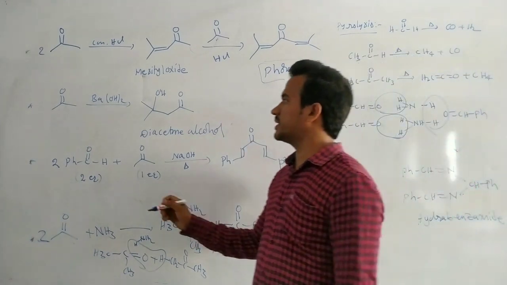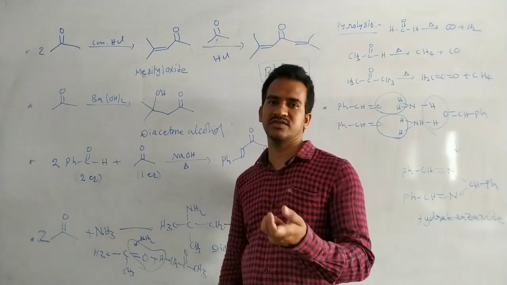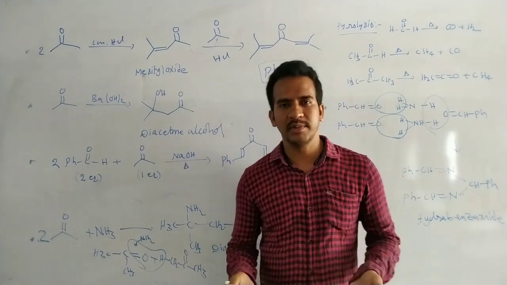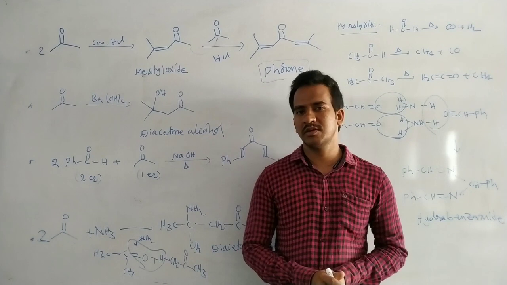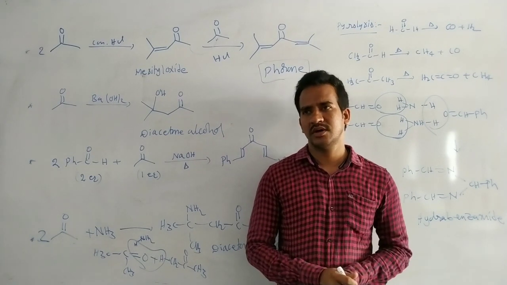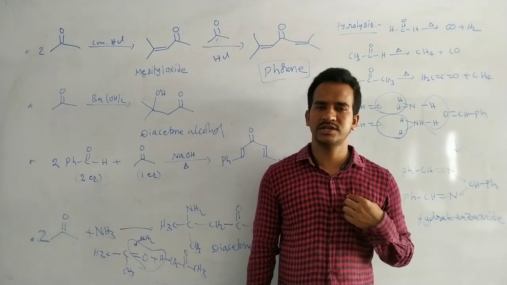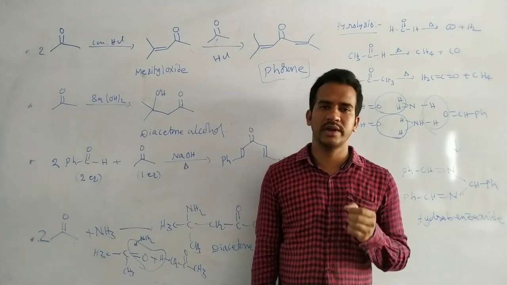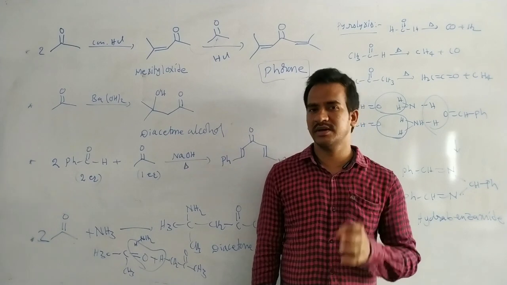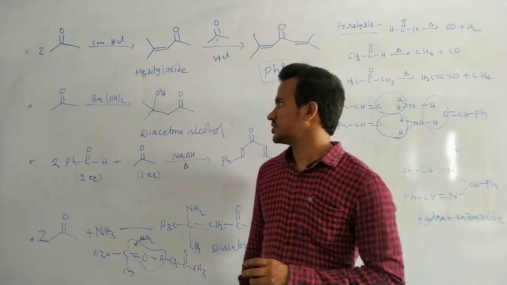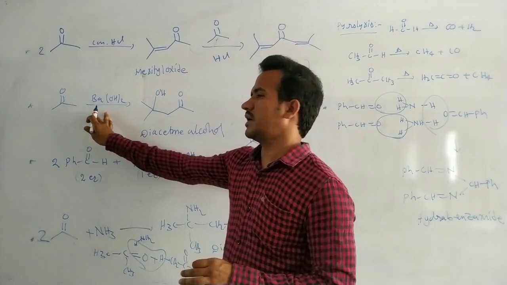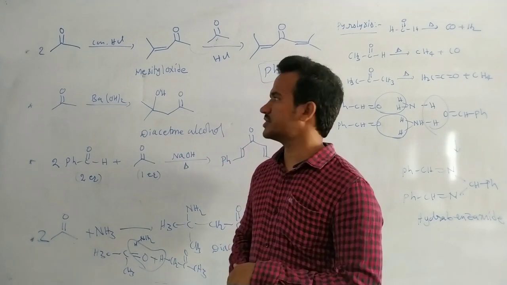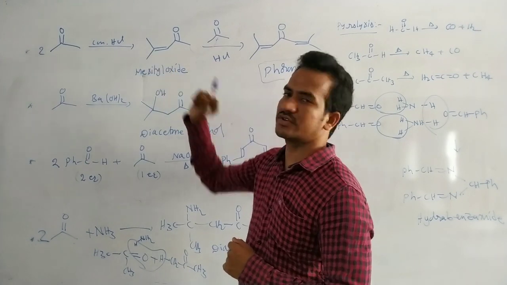Next, acetone with barium hydroxide. Barium hydroxide is a weak base. Generally, aldol reaction takes place in acidic medium as well as basic medium. A weak base means a dilute base like NaOH, KOH. Here barium hydroxide is a somewhat weaker base than NaOH, KOH, and there is no heating to get the alpha beta unsaturated compound.